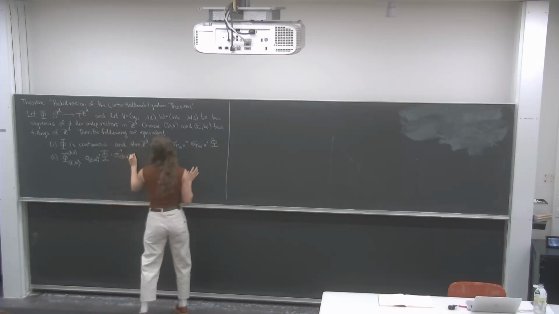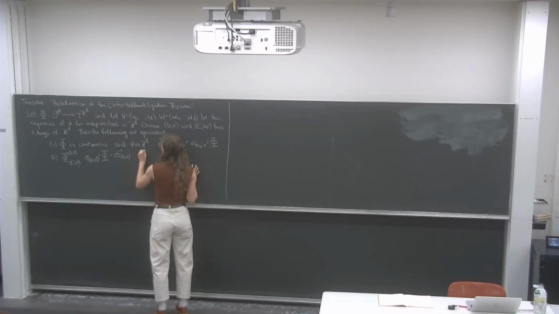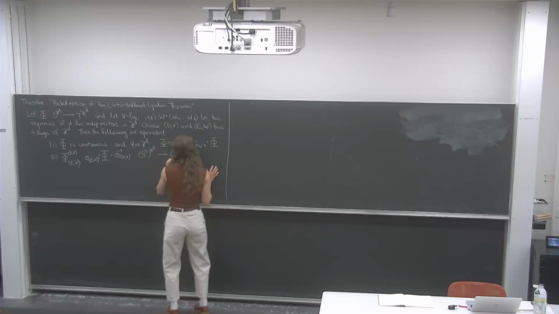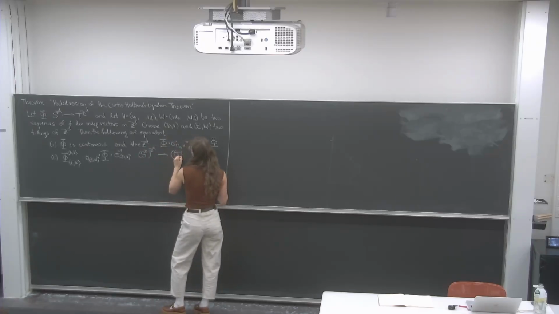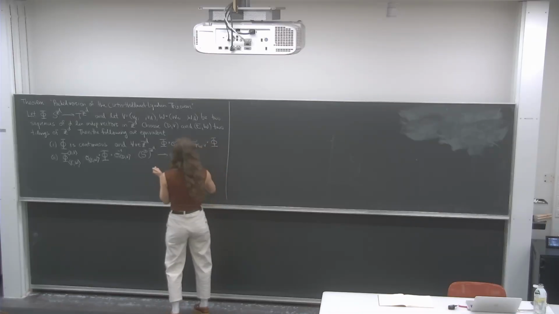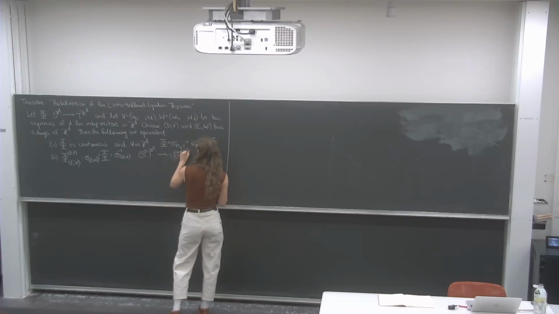So this is a mapping from the packed space S_V Z to the D to T_W Z to the D.